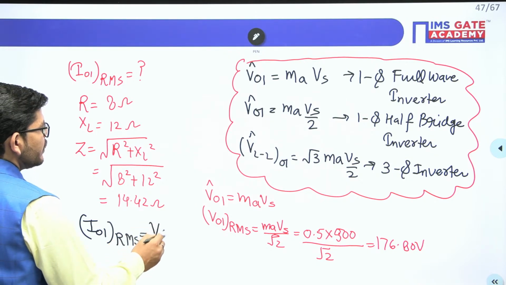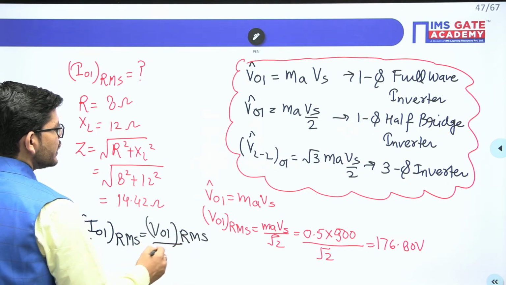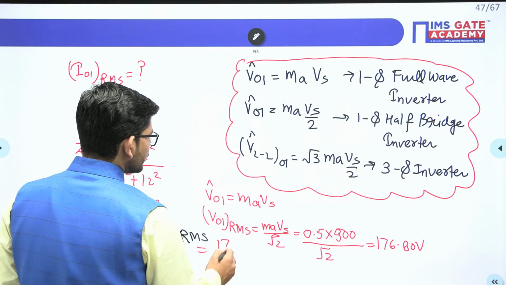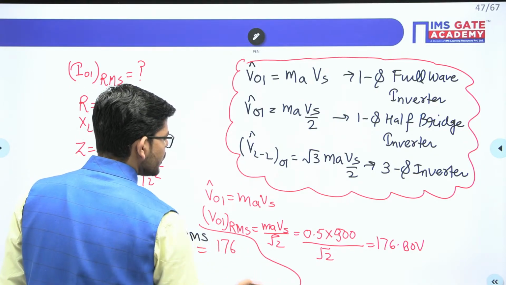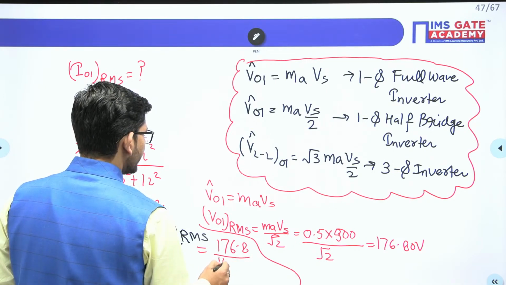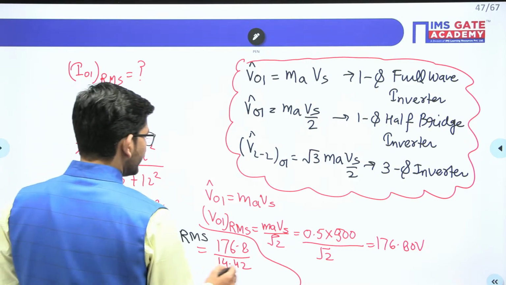So that will be the RMS fundamental component of voltage divided by Z. Okay, so we have all the values with us. This is 176.8 and the Z value is 14.42. So the fundamental component will be 12.126.